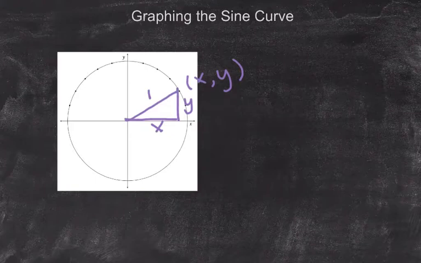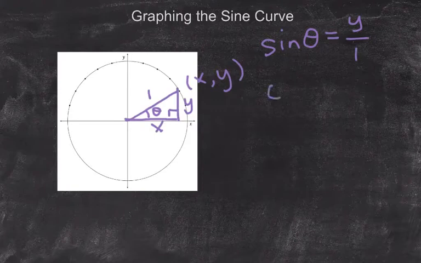So I would need to use a little bit of trig. Since this is a right triangle, I'm able to do that. And I can mark this as my theta. So sine of theta is opposite over hypotenuse, so y over 1, and cosine of theta is adjacent over hypotenuse, so that's x over 1.